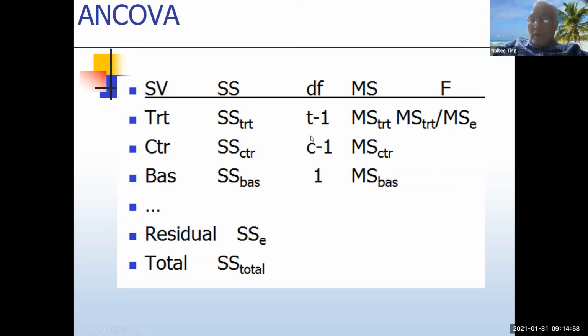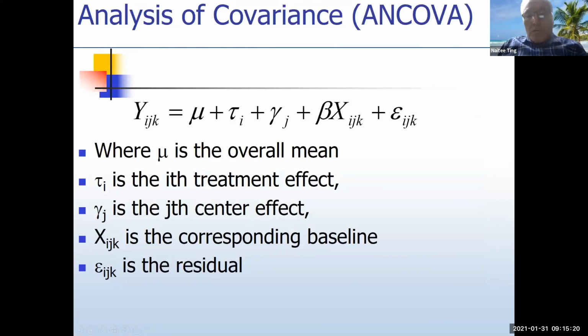So what? They're taking away a lot of degrees of freedom. By including center in the model, you may increase your mean square error because you're losing degrees of freedom. So that's why we have this model written this way, because these are the only two allowed covariates.